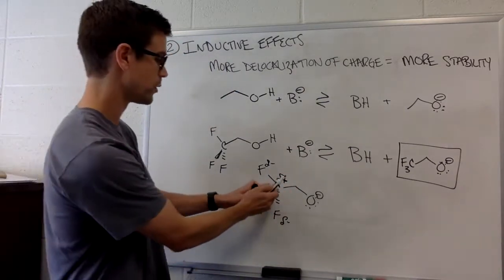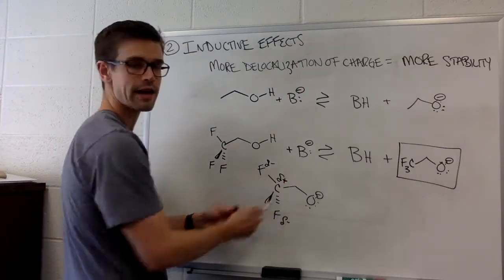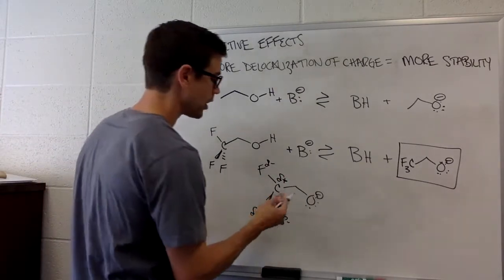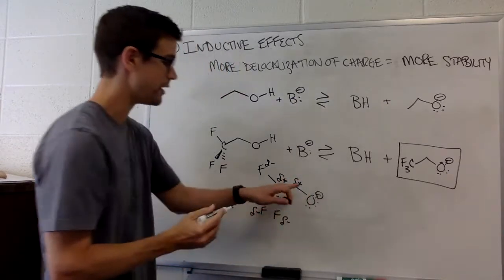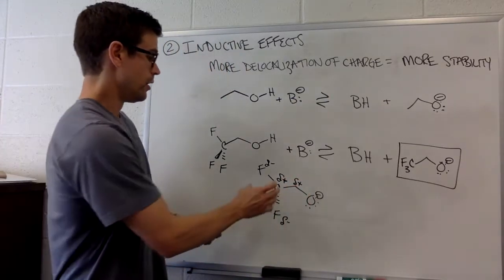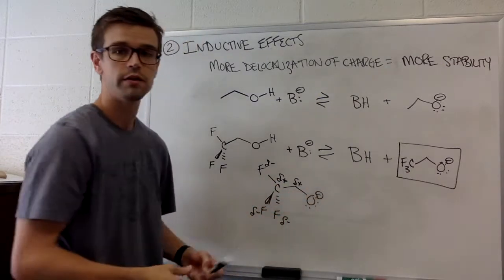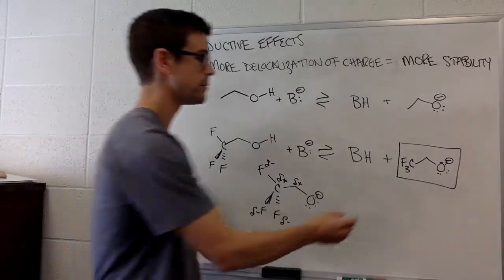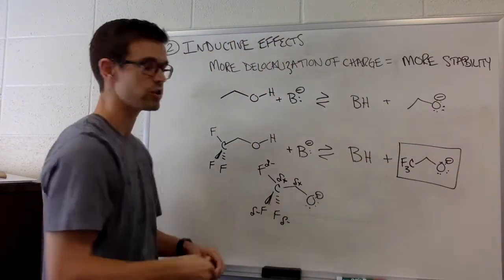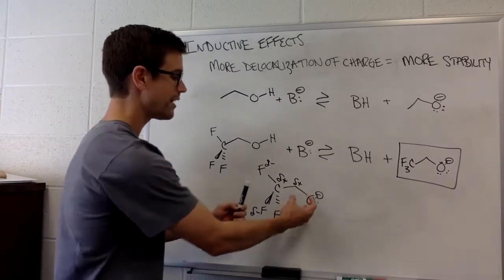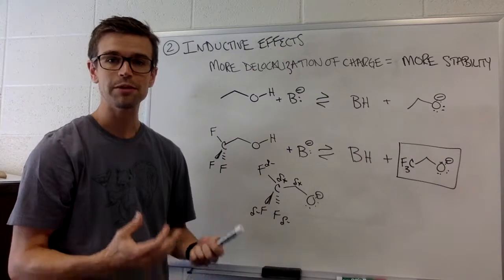And it turns out that when one carbon is partially positive, it transmits that partial positive down the carbon chain. So there's also a partial positive on the next position. Because of that, the negative charge on this oxygen, which is the same negative charge here versus here, is next to a partially positive position, and that allows it to delocalize charge onto that position, stabilizing the structure.